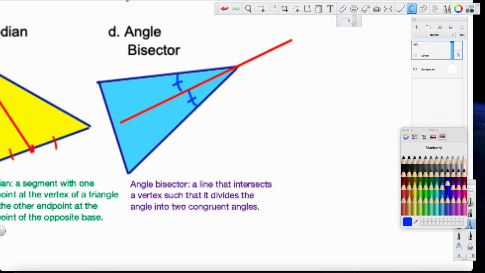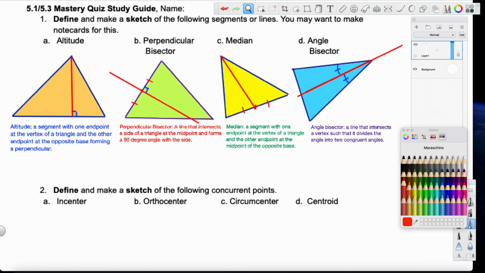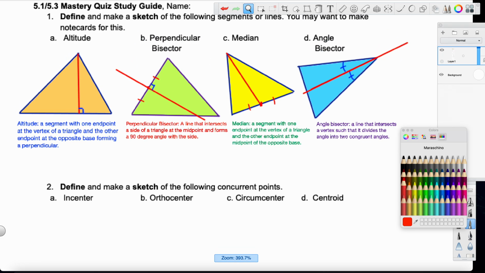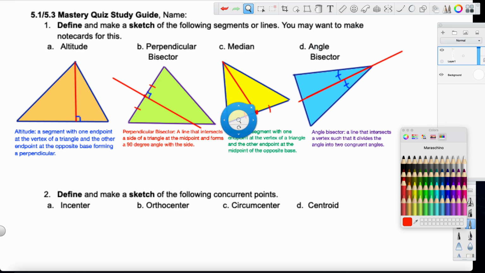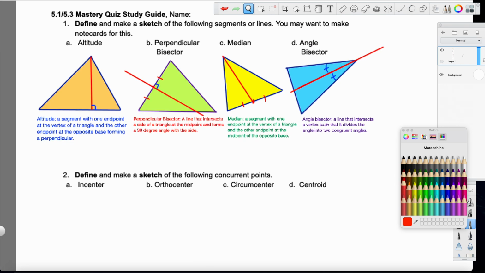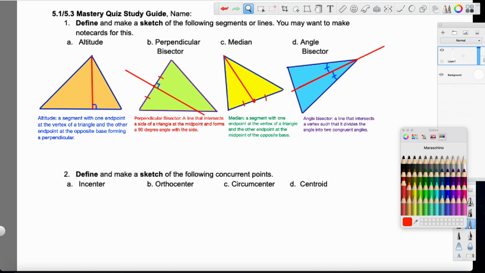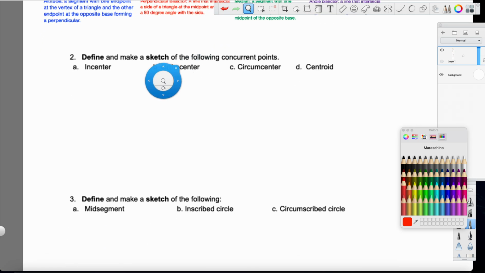So that is our angle bisector. Now maybe I'll just make sure I go all the way through. Okay. So these are the four main types of segments and lines that find certain kinds of intersections in a triangle, and that's what we're looking at next.